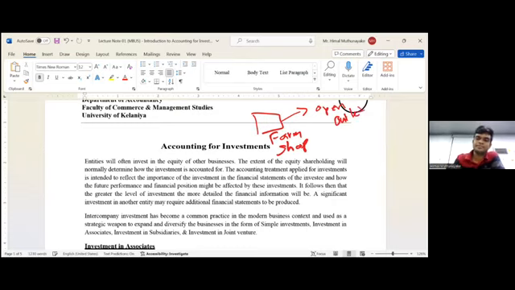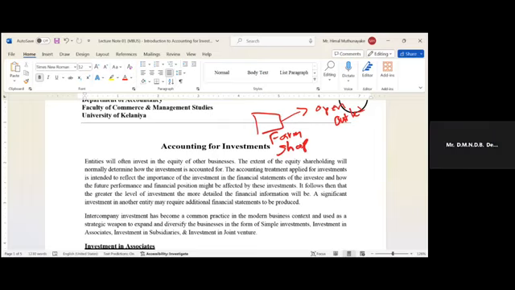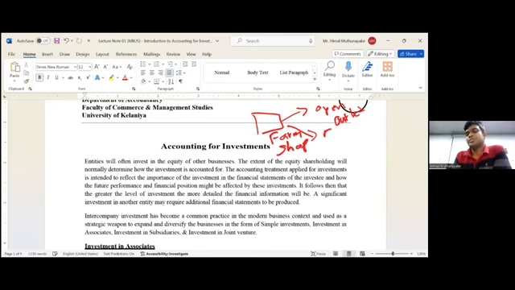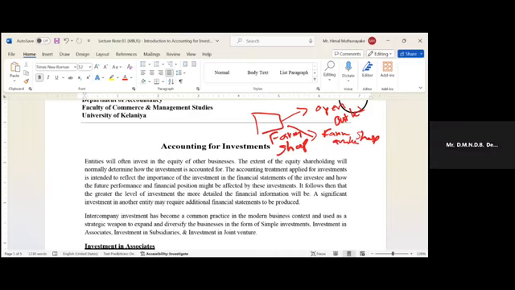Any other things? Amalgamate with another farm shop. Amalgamation, yes. Anything else? Acquire another.